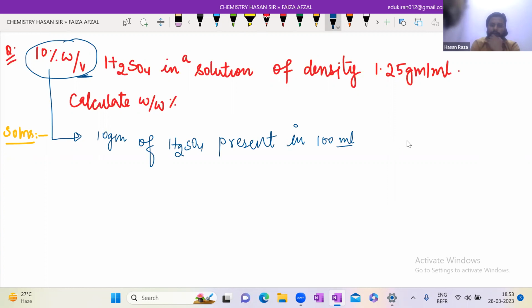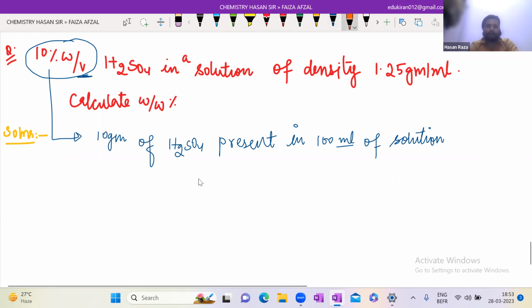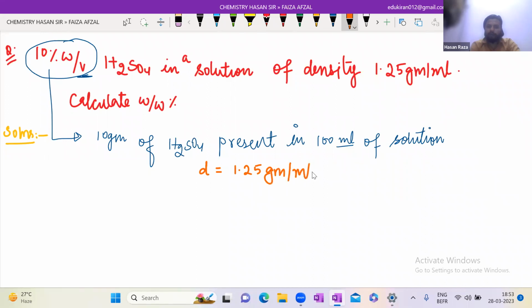So this is your sentence. It is also given that the density of solution is 1.25 gram per ml. After this, you are going to write weight by weight percent, because we need to calculate this.